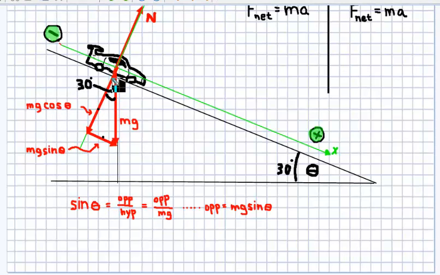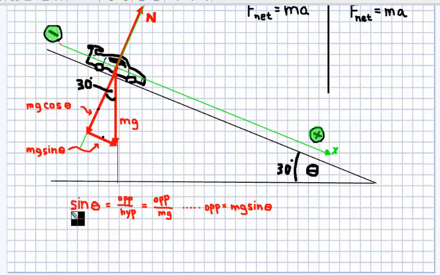So this adjacent side will equal mg cos theta, and our opposite side, opposite to the 30-degree angle, will equal mg sine theta by a similar argument.